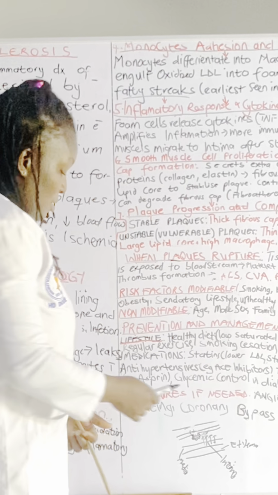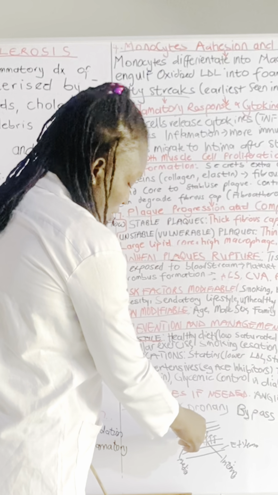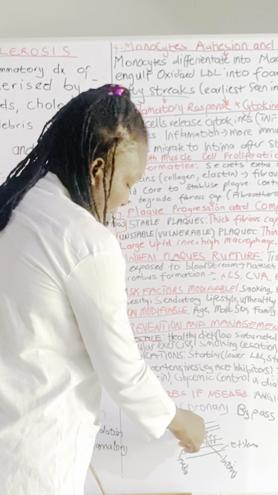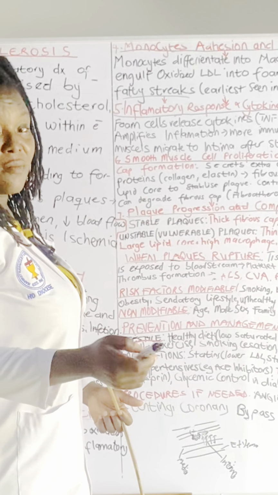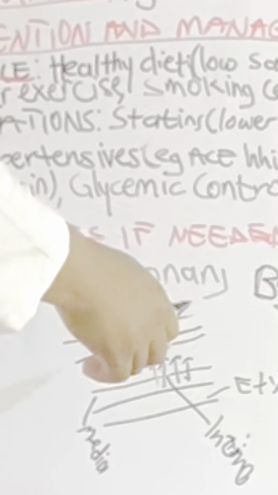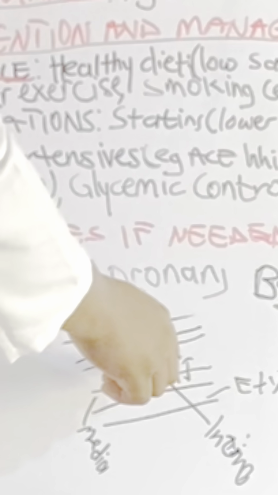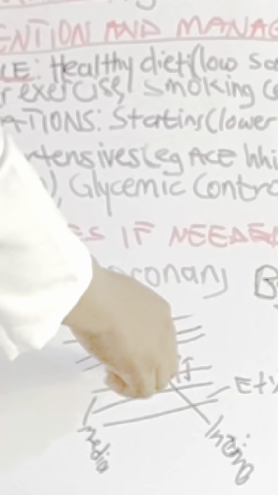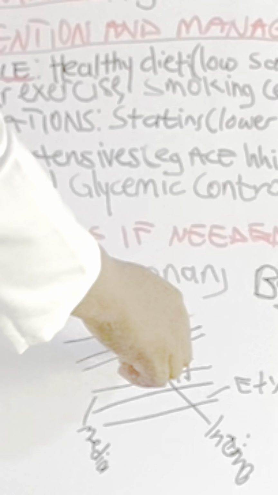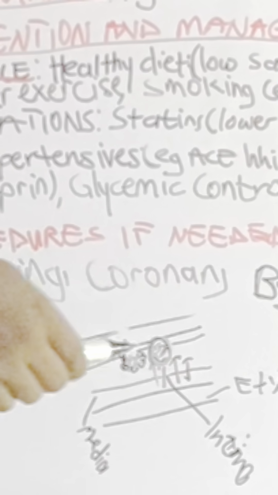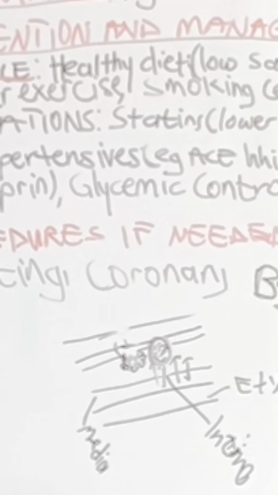The fatty streaks that have accumulated here are usually lipids, and they are not stable enough, not hard enough. So these smooth muscles from the media will come here and form a covering. They will form a fibrous cap around these fatty streaks in a bid to stabilize them.